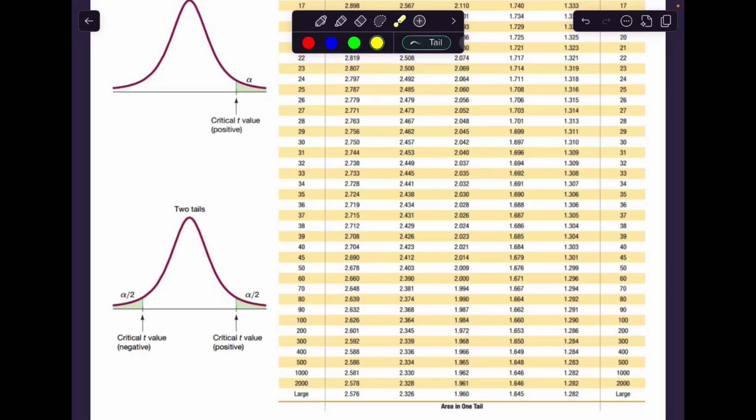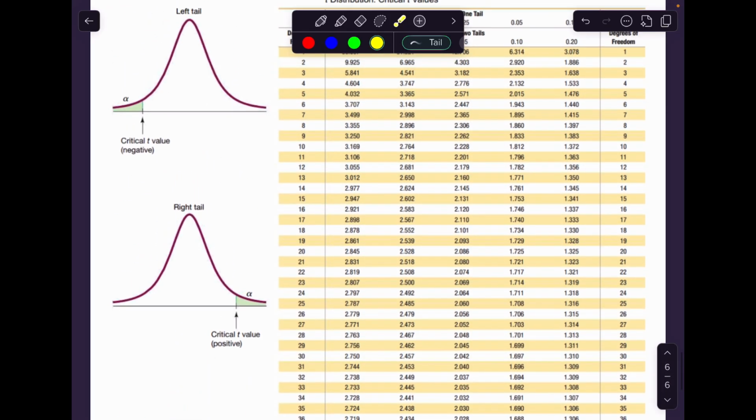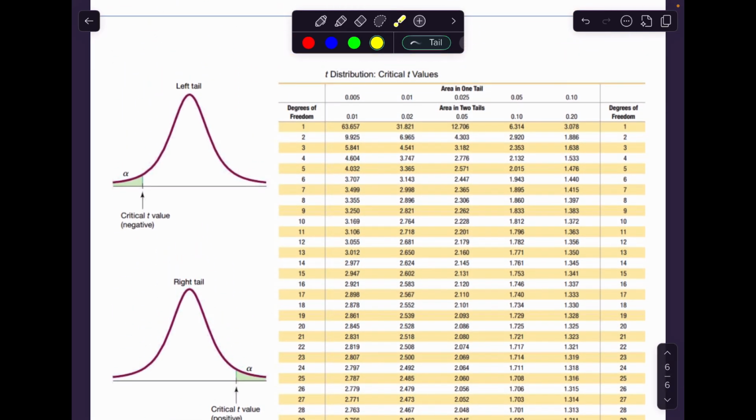So if I'm going and testing a claim and I know what level I want it at, so say we want our alpha to be 1%, well, if it's one tail, then I would utilize this chart, and I would look at however many degrees of freedom. So this would correspond to the degree of freedom being 14. And then I know that my value, depending on if it's left tail or right tail, is 2.64 and negative 2.64.